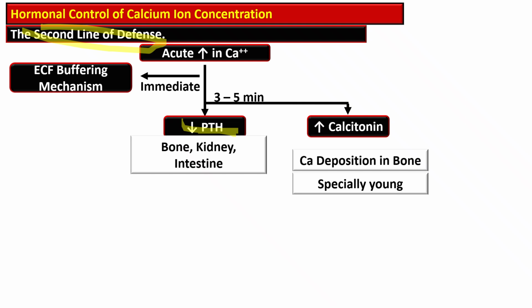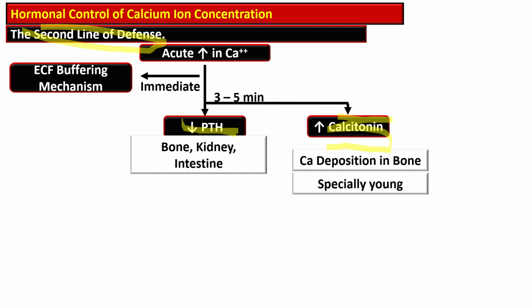It also decreases the conversion of vitamin D into its active form, and increased calcitonin secretion is also there within 3 to 5 minutes. This increased calcitonin is especially effective in younger individuals where the bone turnover is high, and it promotes calcium deposition in the bone and helps rapidly restore the normal calcium level.